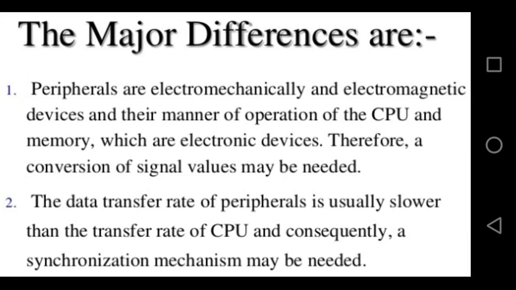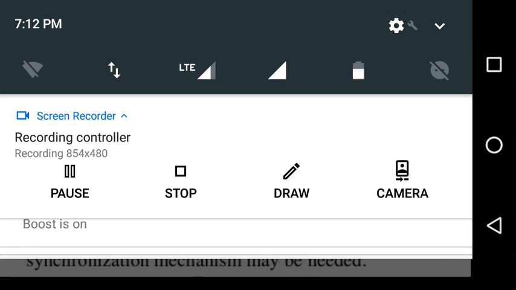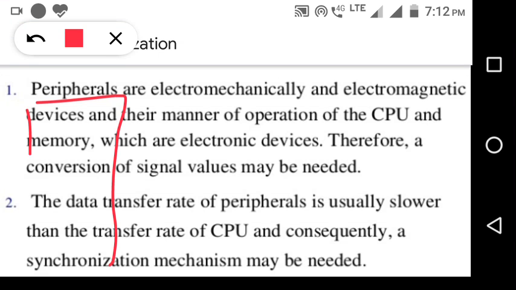Next we see what some differences are, why we need IO interface, what the differences are between external IO devices and internal storage.